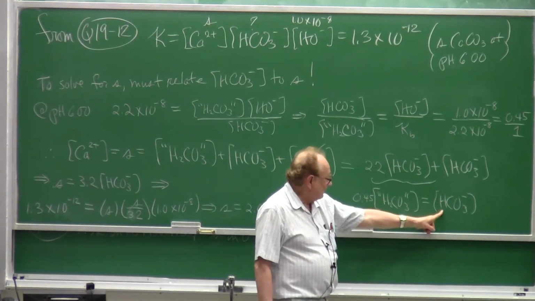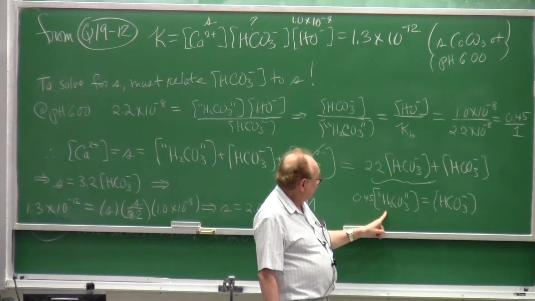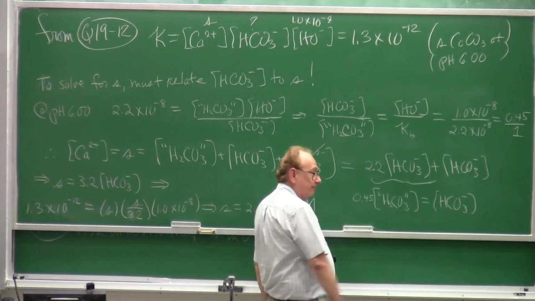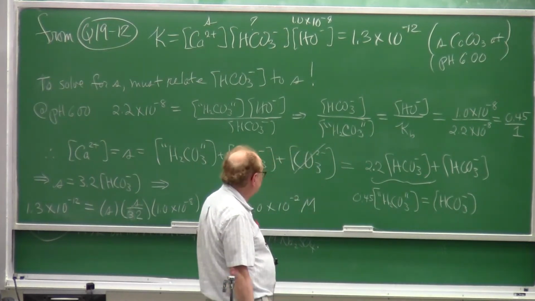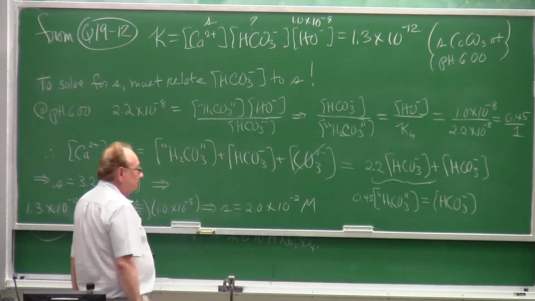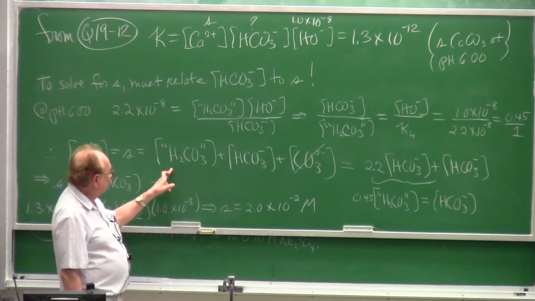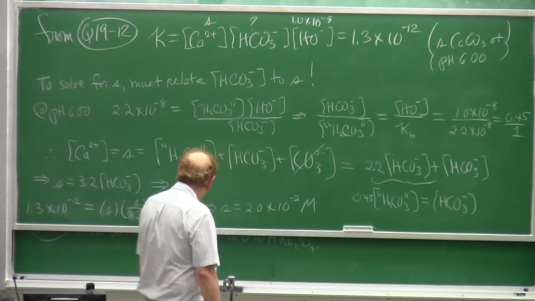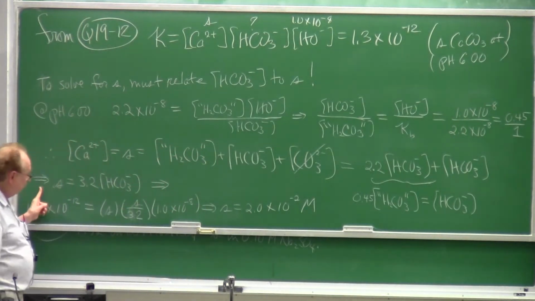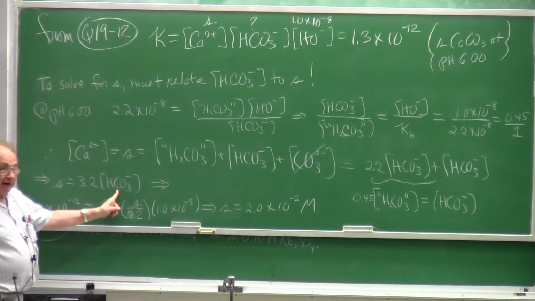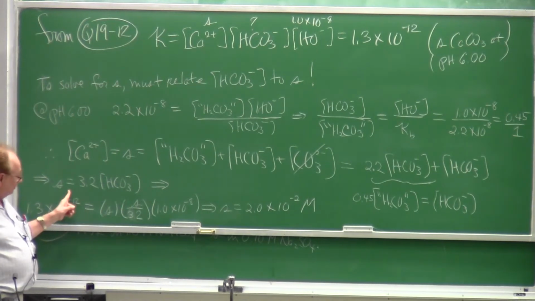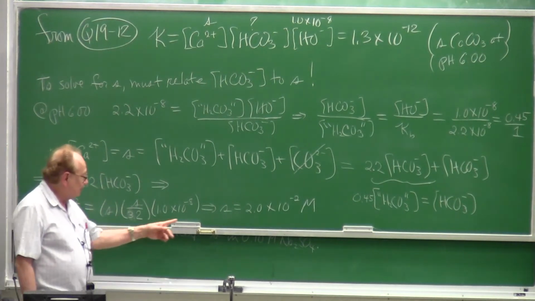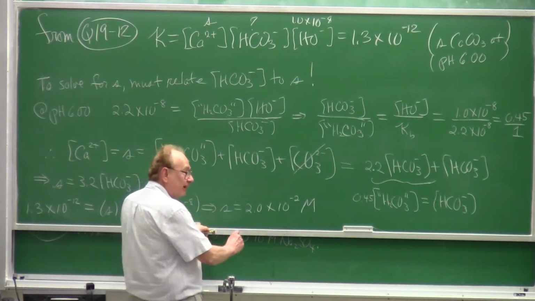And if you divide this by 0.45, you see that this is equal to 2.2 bicarbs in this system at pH 6. So, we'll put in 2.2 bicarb for this, and that makes S equal to 3.2 bicarb. That's this, which means bicarb molarity is S divided by 3.2. So we've answered the question we need to answer. Put that in, solve for S, 2.0 times 10 to the minus 2 molar.